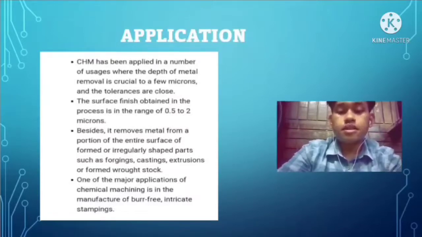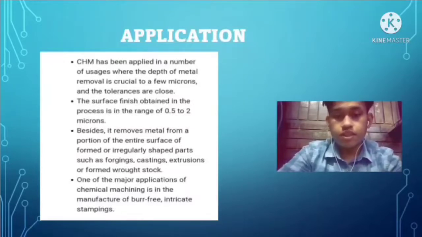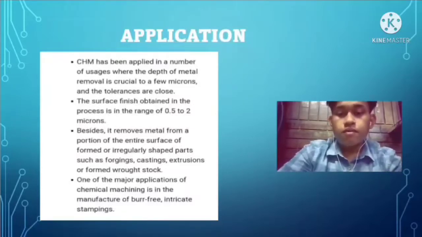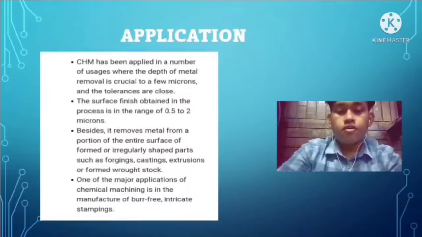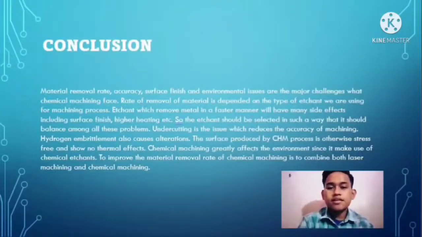Besides, it removes metal from a portion of the entire surface of irregularly shaped parts such as forgings, castings, extrusions, or firm roadstock. One of the major applications of chemical machining is in the manufacture of burr-free, intricate stampings.